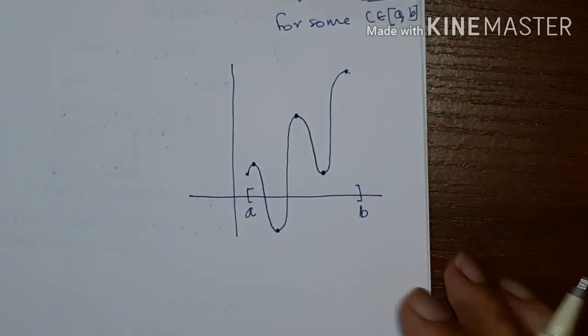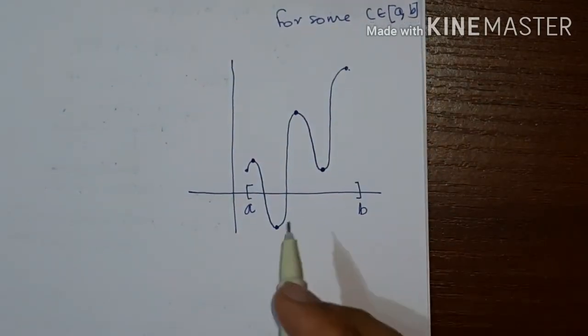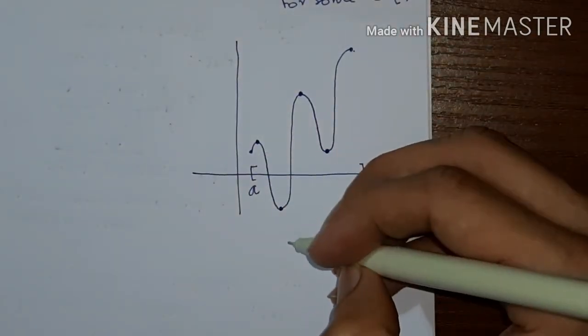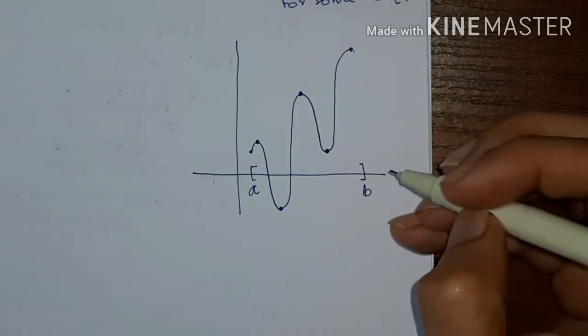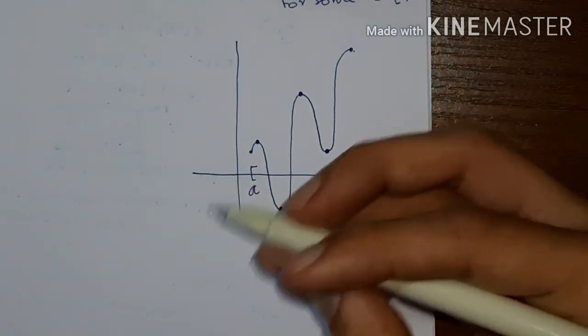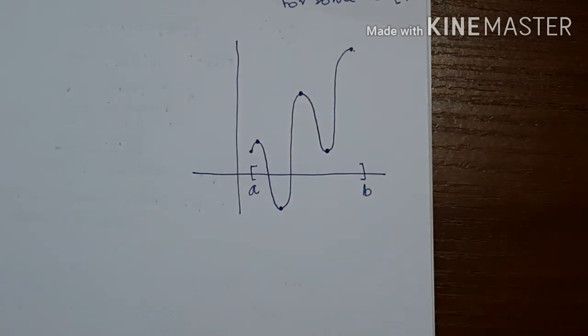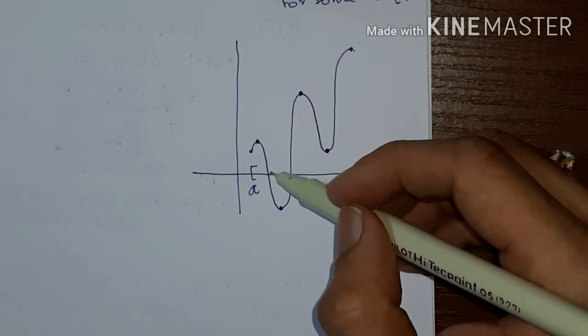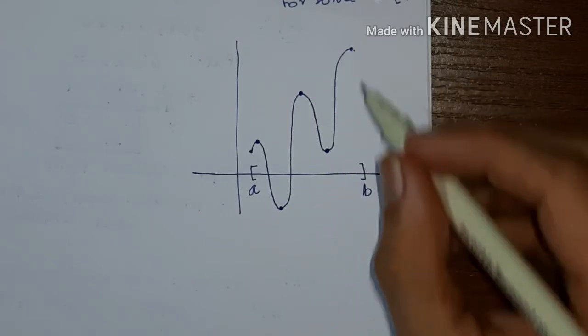Now the absolute minimum means the value of the function which is less than every value of the function in the domain. So which is the least value of the function here?